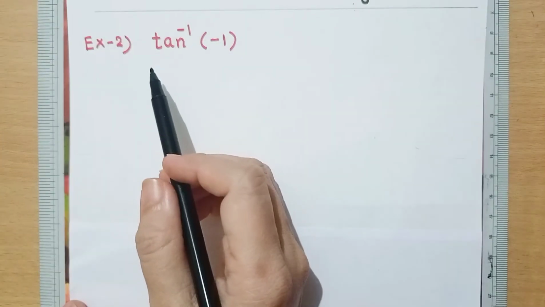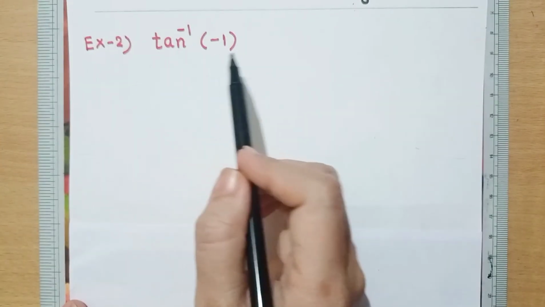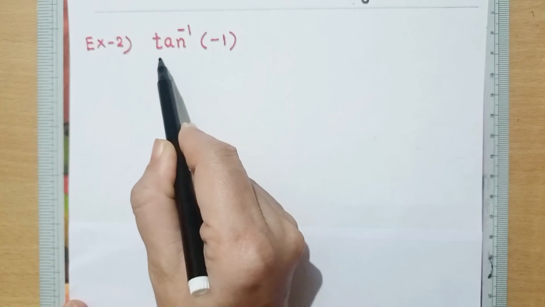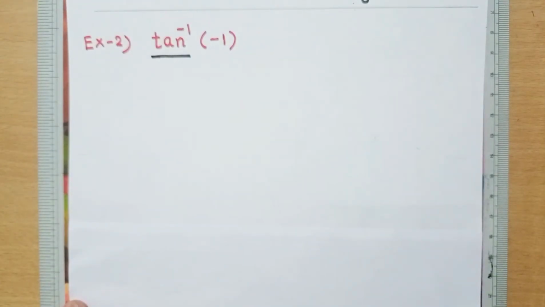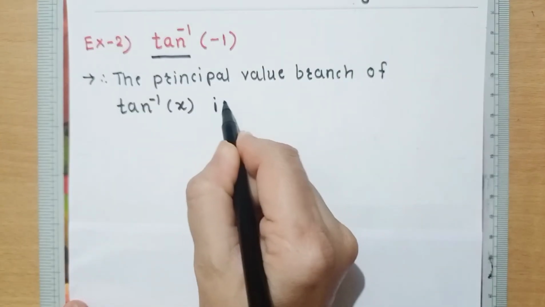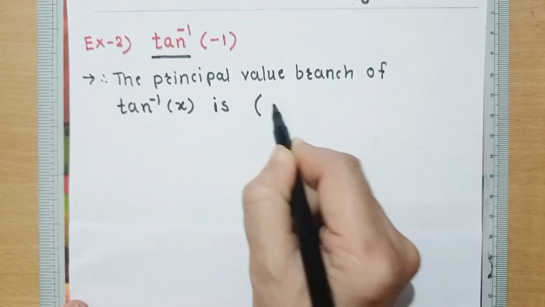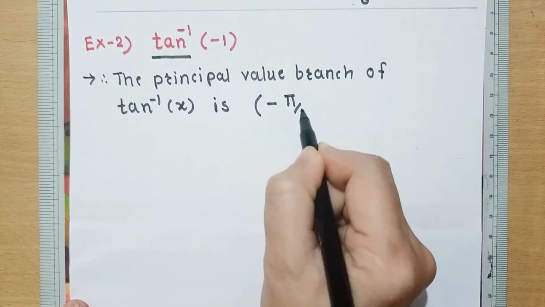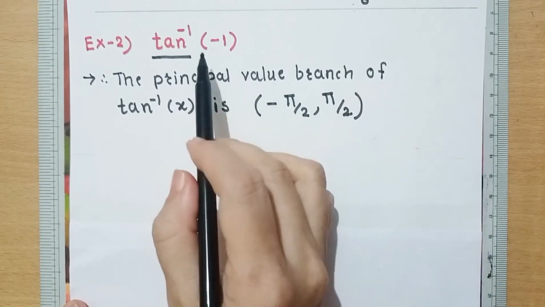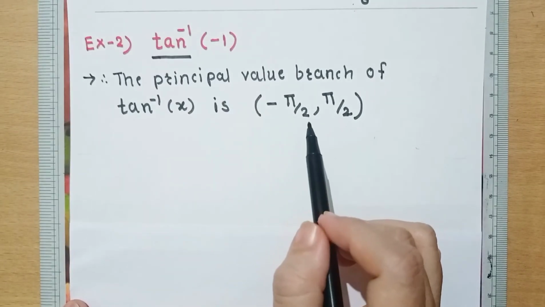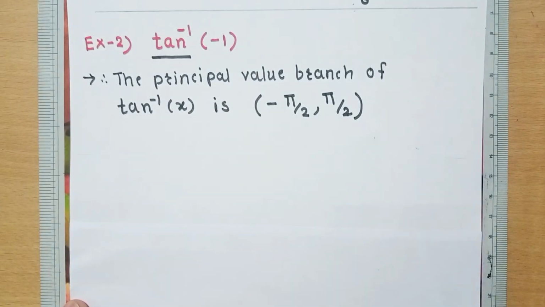This is our second example, tan inverse of minus 1. First we will write the principal value branch of tan inverse, and its principal value branch is the open interval minus pi by 2 to plus pi by 2. That means we have to check that this angle must lie in this interval.